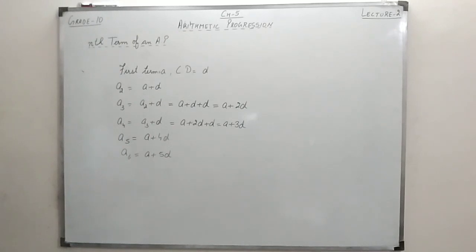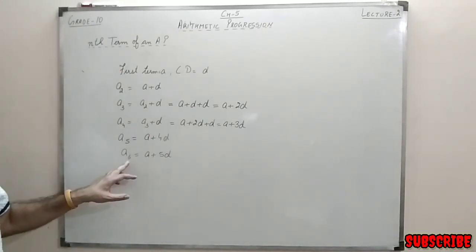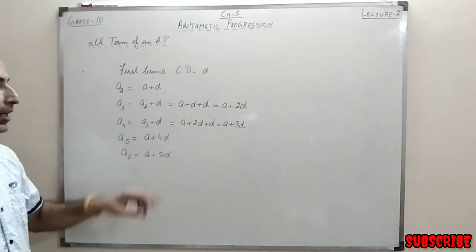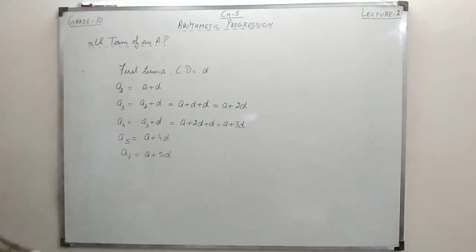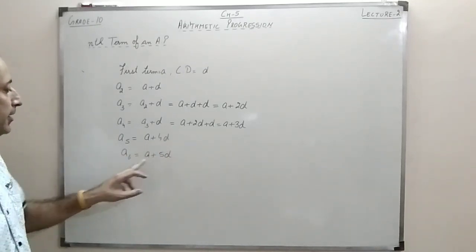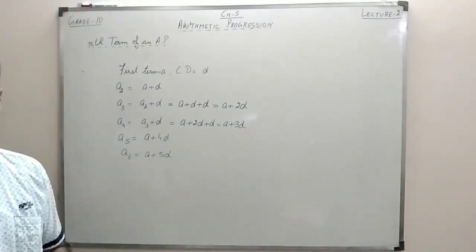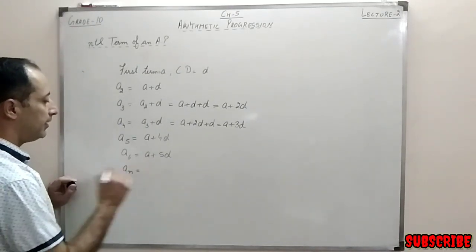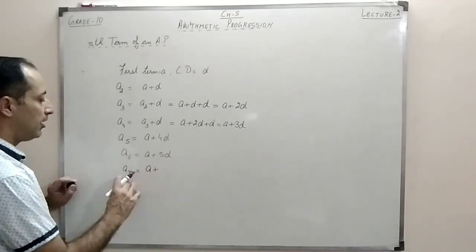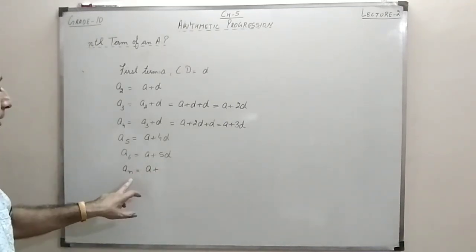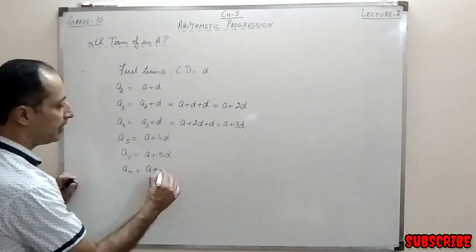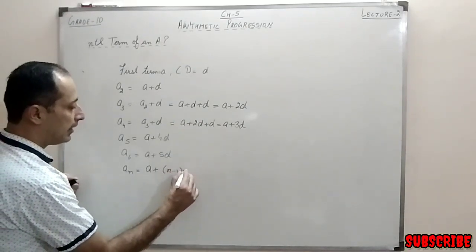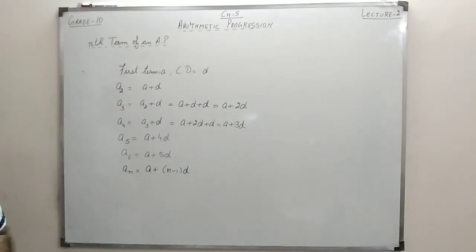Now, in these few steps, what we have understood is that whatever the term number is, the number with D is one less. So if it is 5, here it becomes 4. If it is 6, it becomes 5. It means to write the nth term, if I write an, that would be A plus, now I have to subtract 1 from whatever term I have to find, so I write it as n minus 1 into D. So this is the way we can find the nth term of an AP.